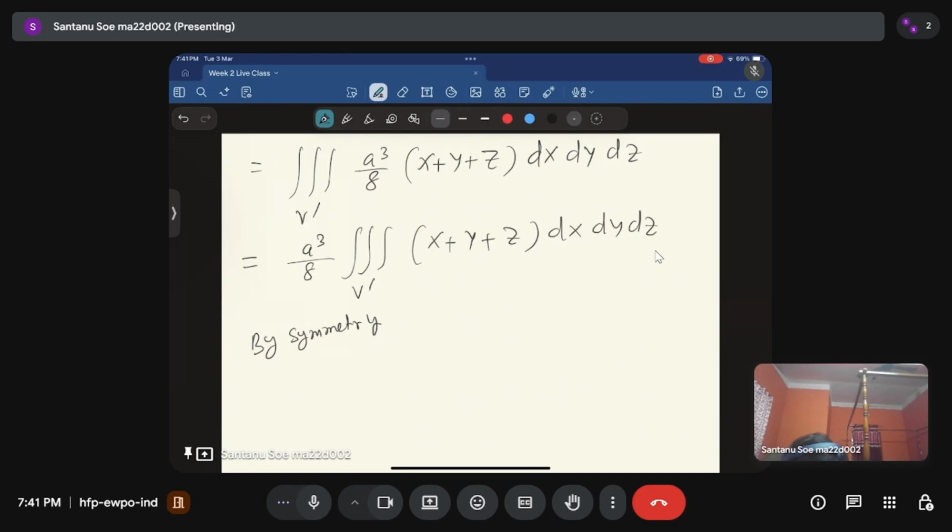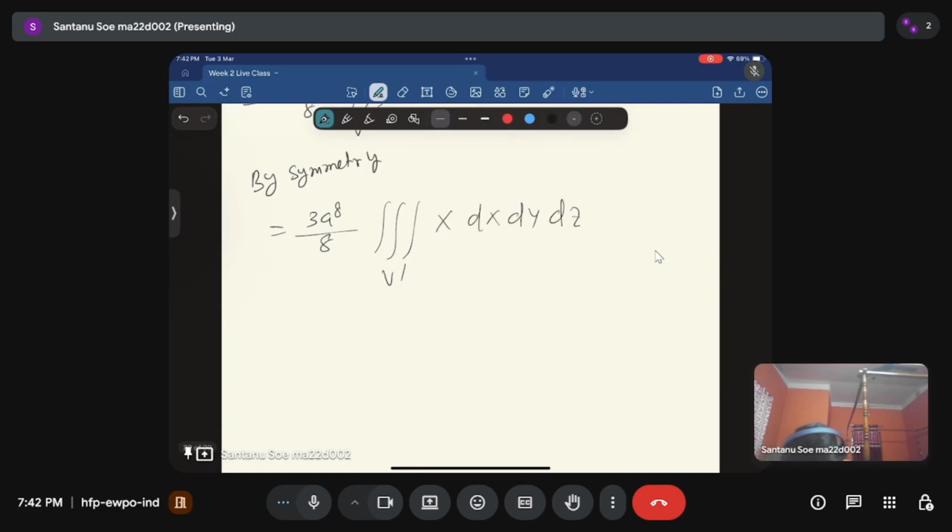this is same as 3a cube. Sorry, this is going to be a to the power 8, 3a to the power 8 by 8, then integral over V prime of x dx, dy, and dz.